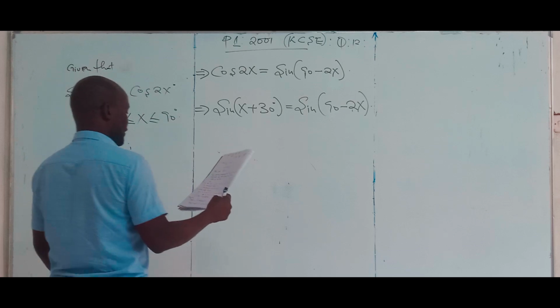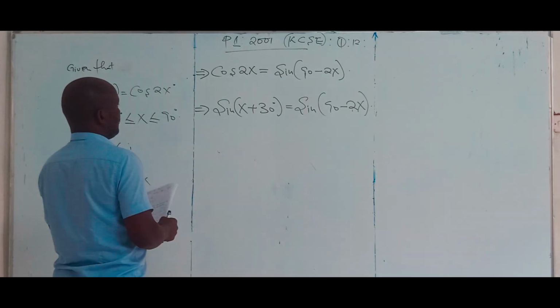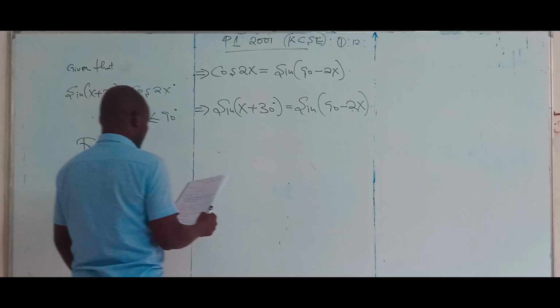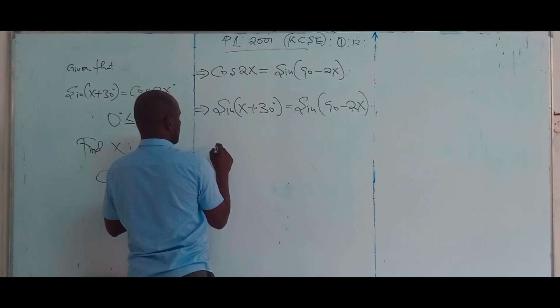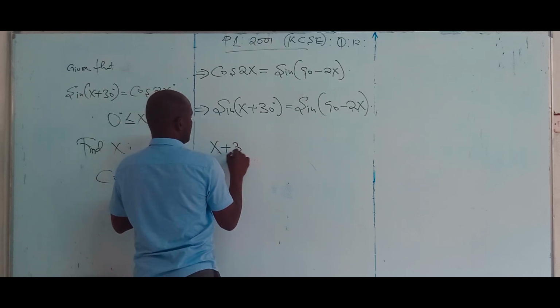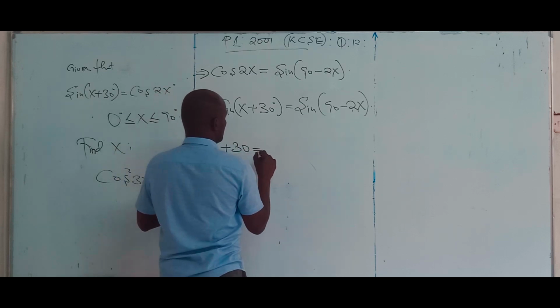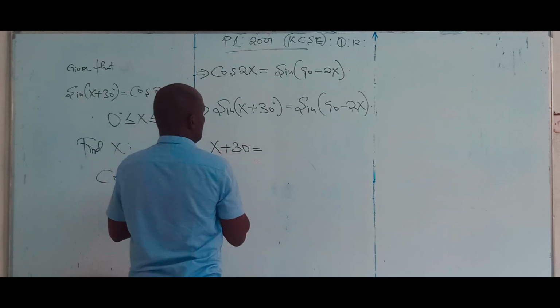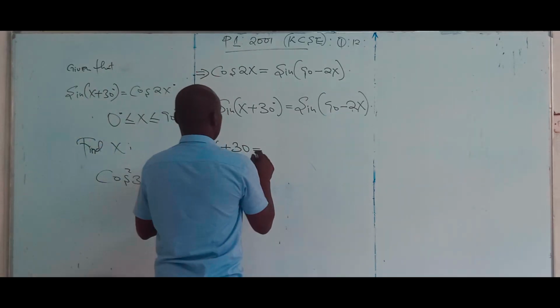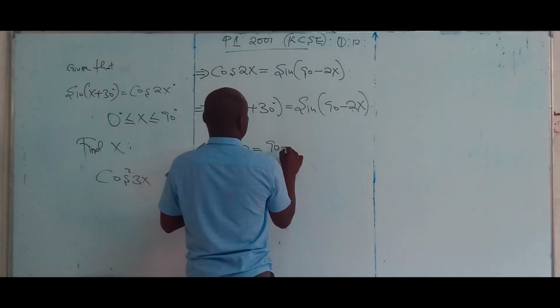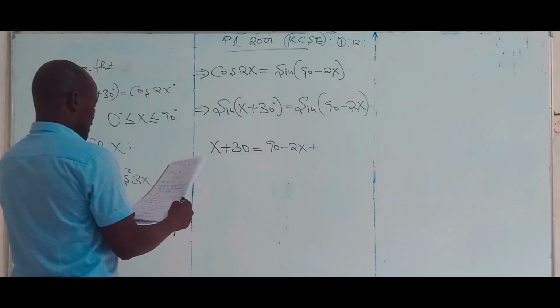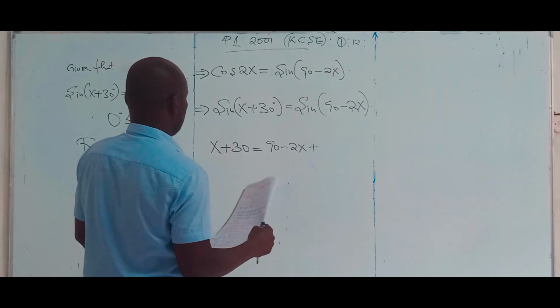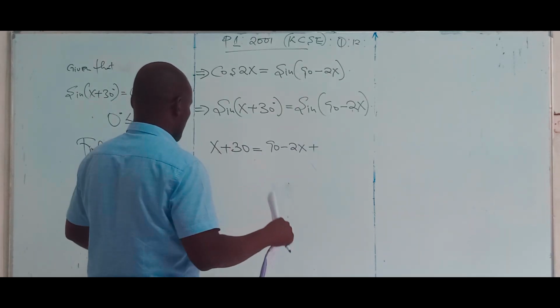We'll adopt an integer k, and the first value we obtain is x plus 30 is equal to 90 minus 2x plus 360K, since sine has a period of 2 pi.